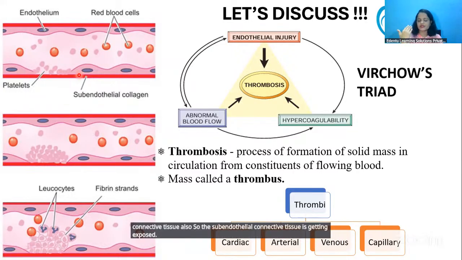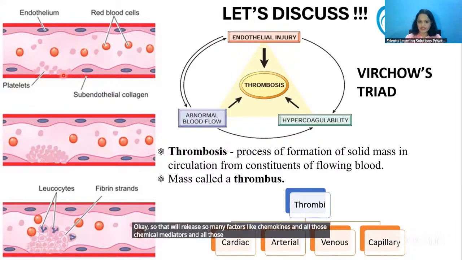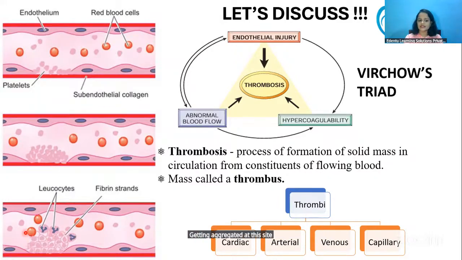That will release so many factors like chemokines and chemical mediators, all those will be released into the blood vessel. So that can result in lots of platelets getting aggregated at this site and lots of fibrin getting aggregated at this site. That will finally result in the formation of a thrombus like this.